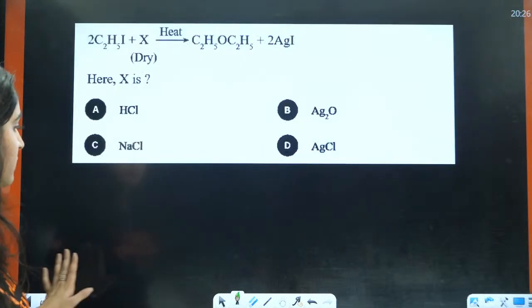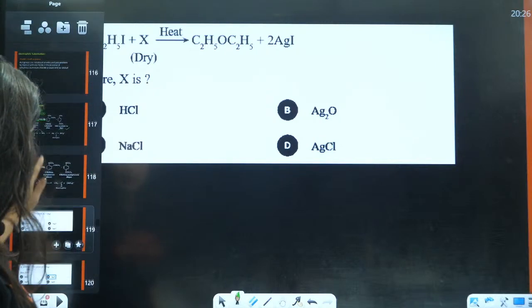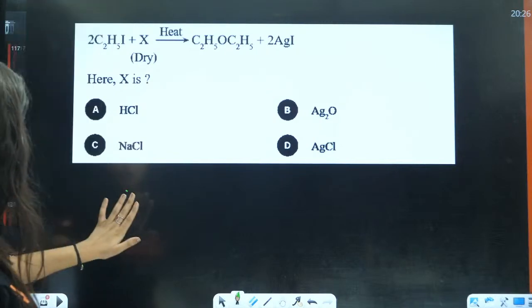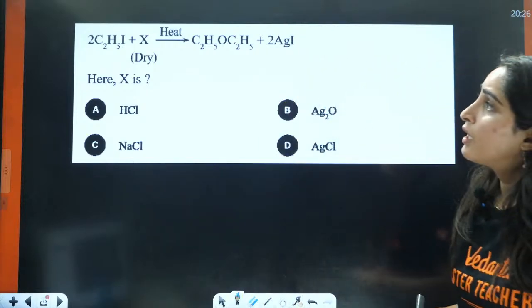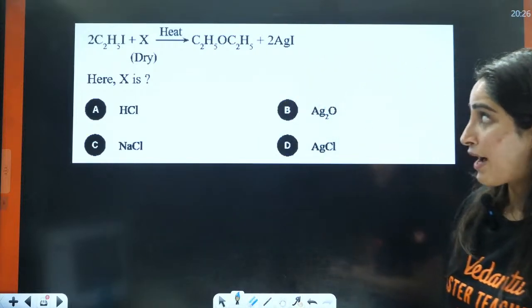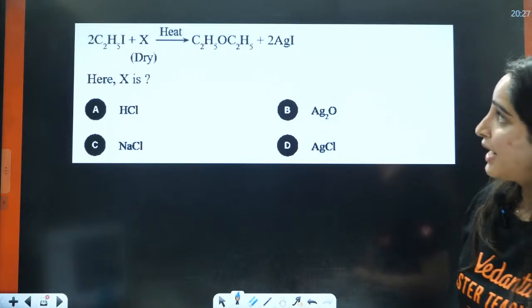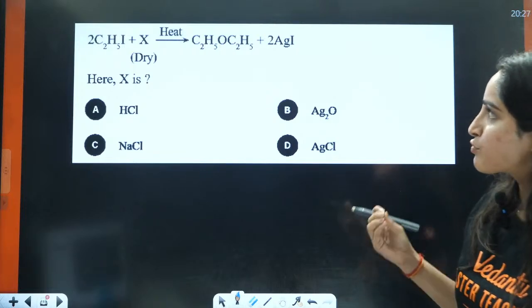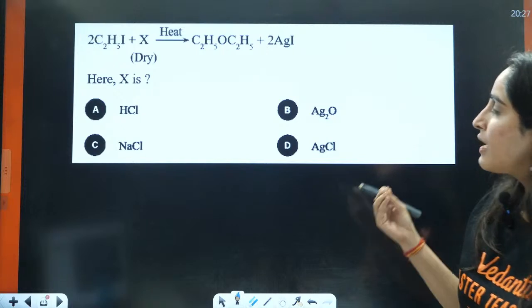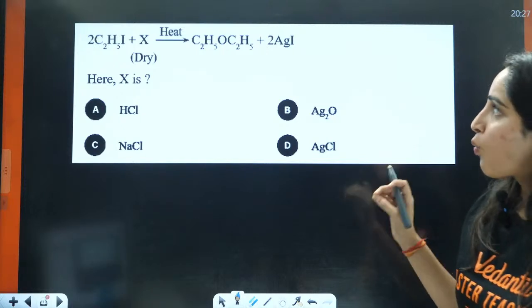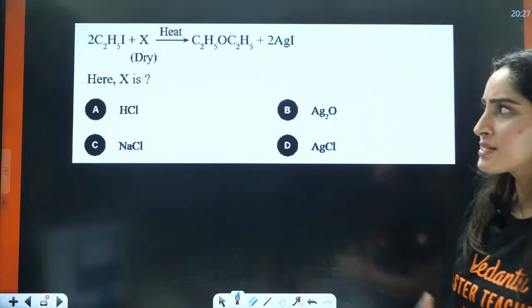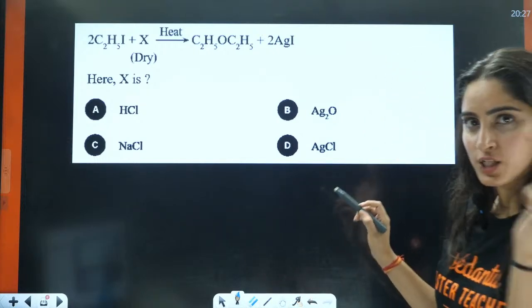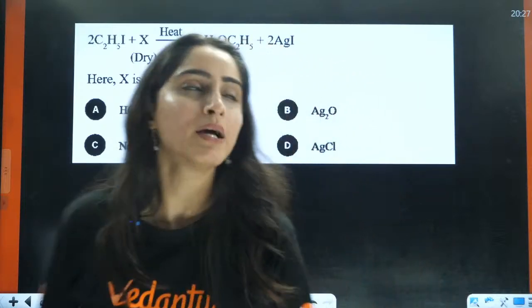Next is a question. You have C2H5 with X. It is going to give you C2H5OC2H5 with AgI. What is that X? I think I have not taught you this reaction, that is why I have taken it up in question form, right?